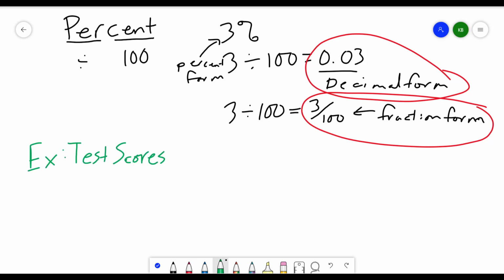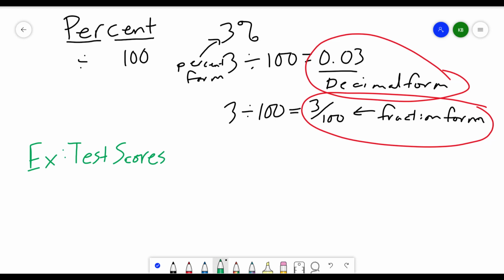So as a teacher, one of the ways that I use percents a lot is in giving you grades. And when I'm writing a test, I don't necessarily make it be out of 100 points, or if I am, I'm thinking about what percentage each problem is of the test.